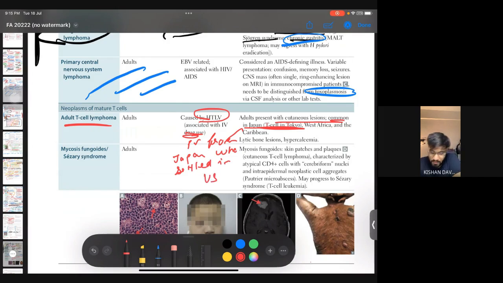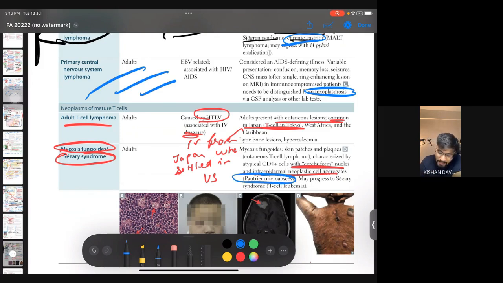Coming to mycosis fungoides and Sézary syndrome, they will definitely give you cerebriform nuclei, and intraepidermal neoplastic aggregates. They will also give you Pautrier microabscess. So this is how you are going to make the diagnosis for mycosis fungoides or Sézary syndrome: cerebriform nuclei and Pautrier microabscess.